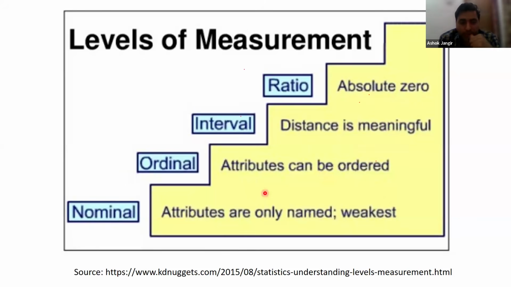So what do you mean by nominal? We cannot give order to that variable. For example, gender. Gender means male and female. To the gender variable, we cannot give any order like females are higher than males. Or for example, religion, Hindu, Muslim, Sikh, Isai. All are equal in the form of religion. We cannot give order.